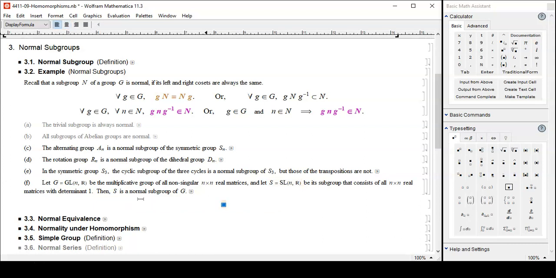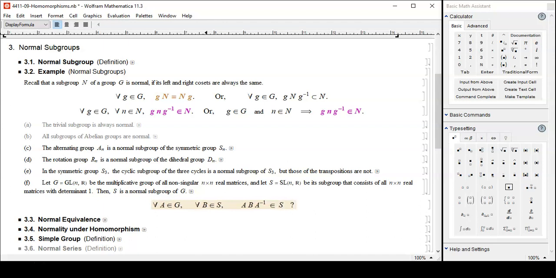So what do you have to do? Any element of this general linear group, and then any element of this special linear group. Excuse me, I forgot the universal quantifiers. I have to consider A B A inverse, and does it belong to S or not?